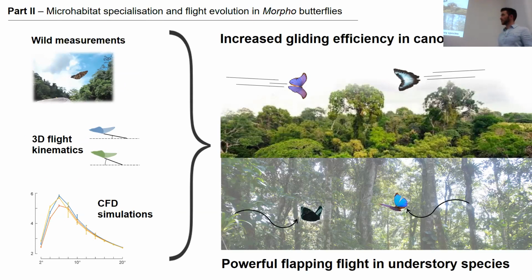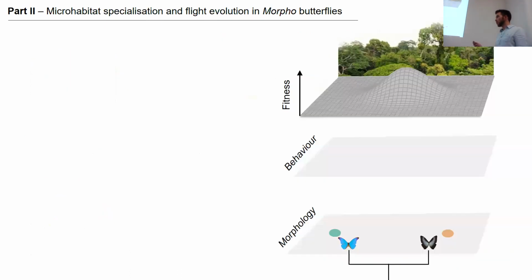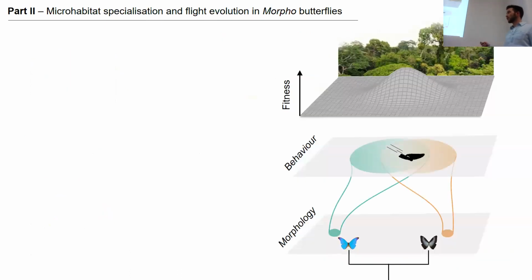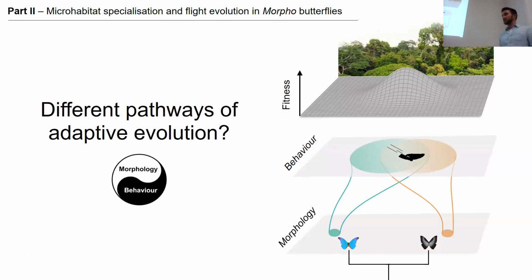And something interesting here is that this increased gliding efficiency is achieved through quite different wing shapes between canopy species. So there is not one unique combination of morphology and behavior enabling high gliding efficiency. This highlights that in response to the same selective pressure, adaptive evolution may proceed through different adjustments of morphology and behavior.